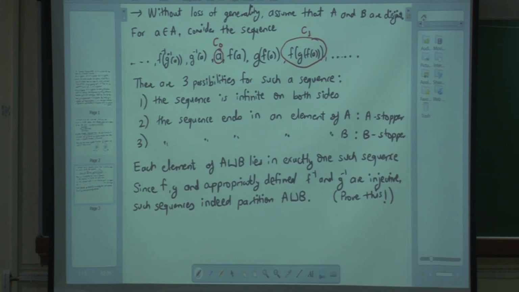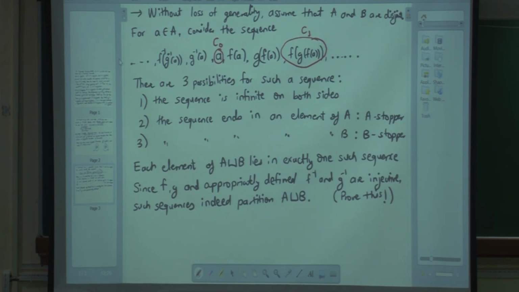If C2 is here, then you can again go to C0, come back and then C2. So basically two elements are related if they can be obtained from each other by application of F's, G's, F inverse and G inverses. And because all of them are injective, you can always cancel out the things which are common on both sides and continue doing this process. So this is a perfect partition.